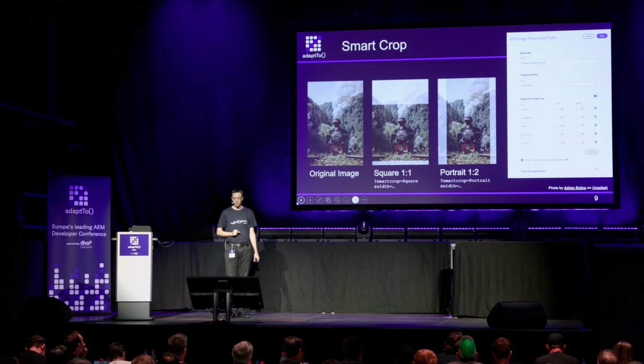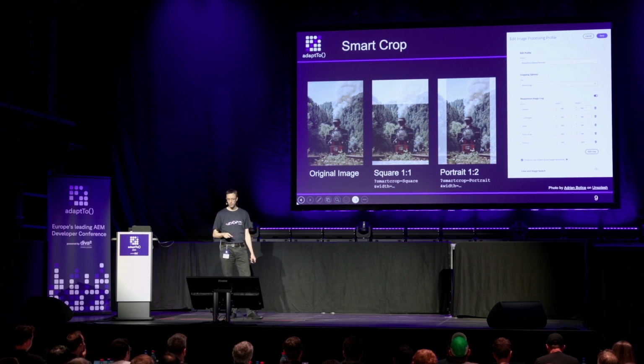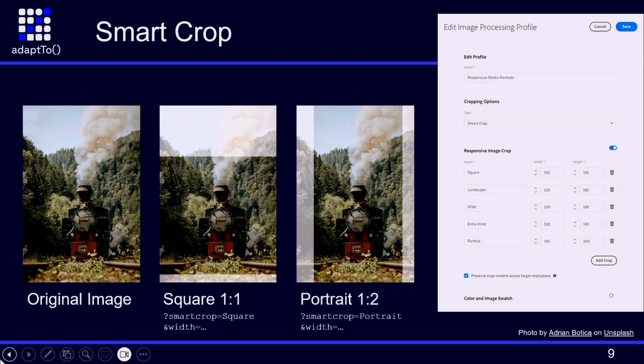And now smart cropping. For me, this was always a USP of Dynamic Media Classic and also of the new Dynamic Media with OpenAPI. On the right side, you see a screenshot of the image profile. And this is a specific profile for Dynamic Media, in this case for enabling smart crop.